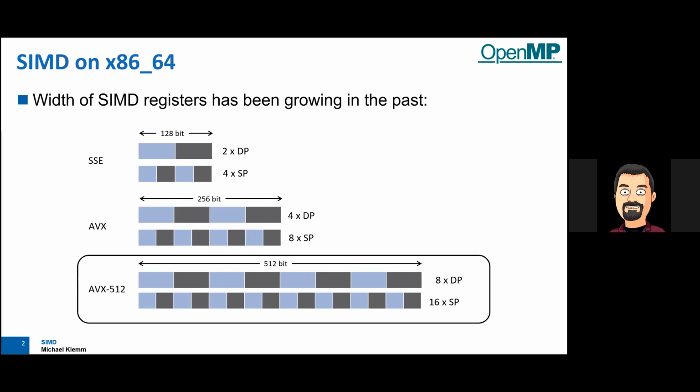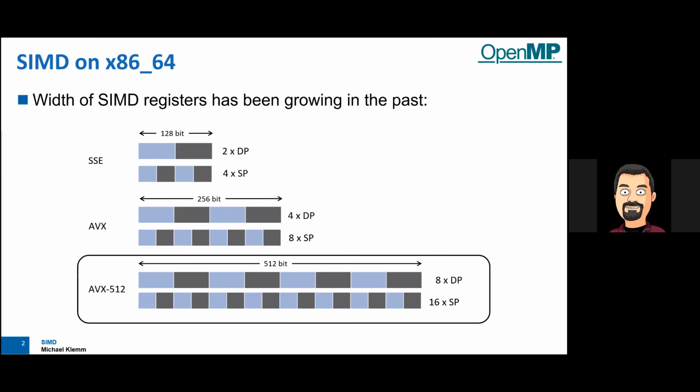So in each cycle, when such an instruction is executed, you can process 2 double precision or 4 single precision variables. And then with the latest instruction set architectures, you can process 8 double precision values or 16 single precision floating point operations in one instruction.